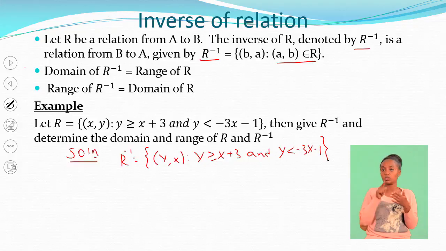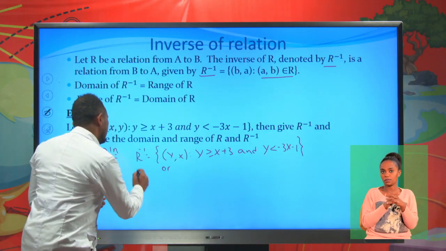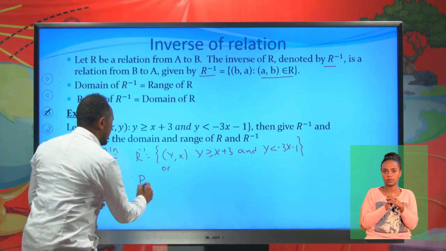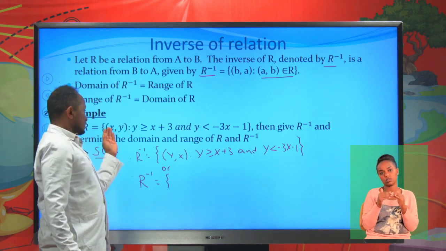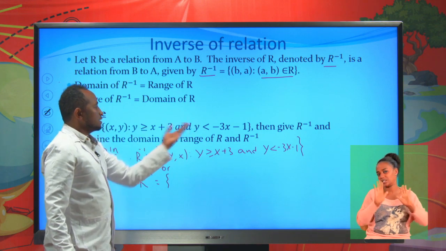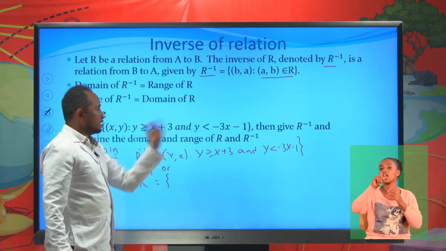We can also write it in this form. R inverse is equal to this. Leave (x, y) as it is and change the variables x and y in the inequality.